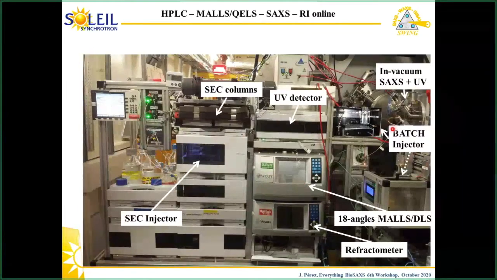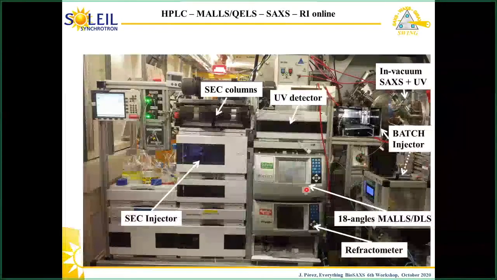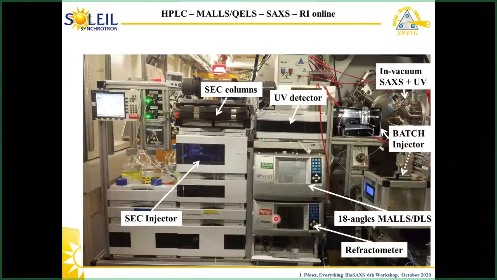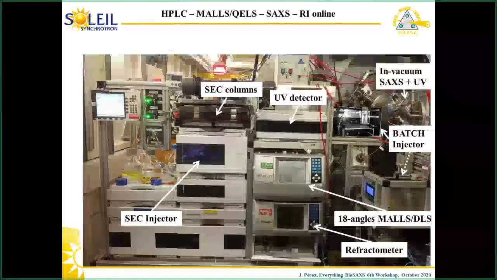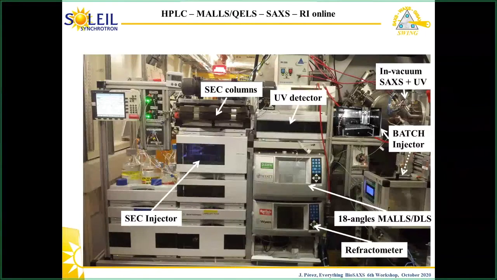And we have the SAXS cell, and we also have these 18 angles MALS and DLS online, which can provide complementary information about the shape and also the size of the protein. And also very important for membrane proteins, we also have this refractometer here online, which can also give a concentration of molecules that would not absorb UV light, like, for example, detergents.